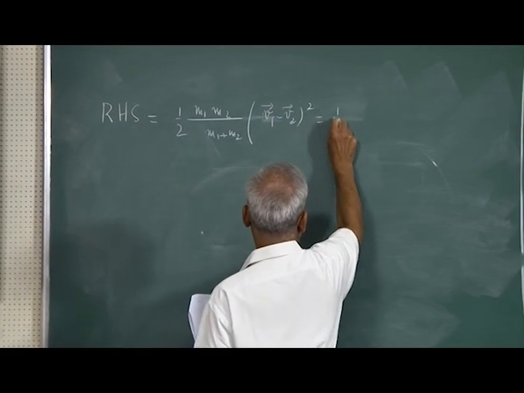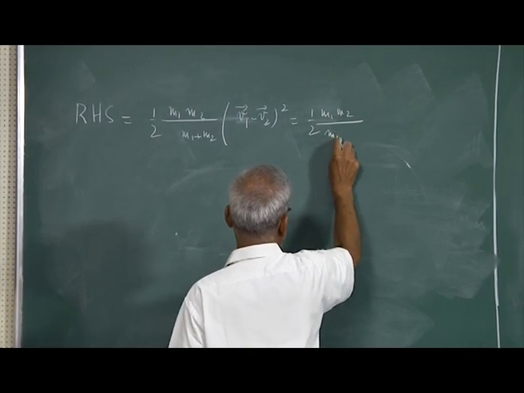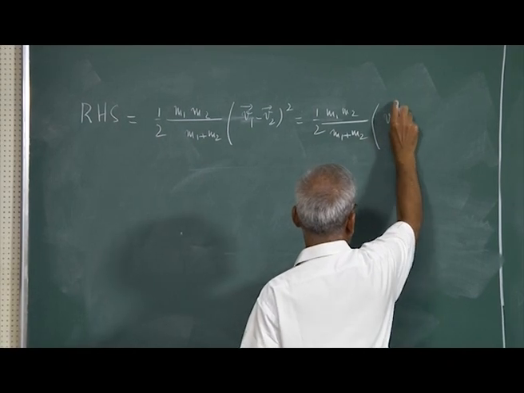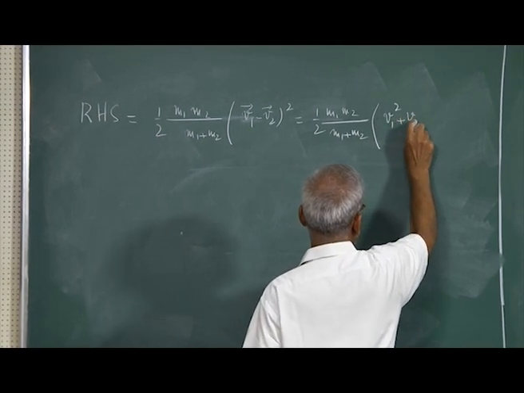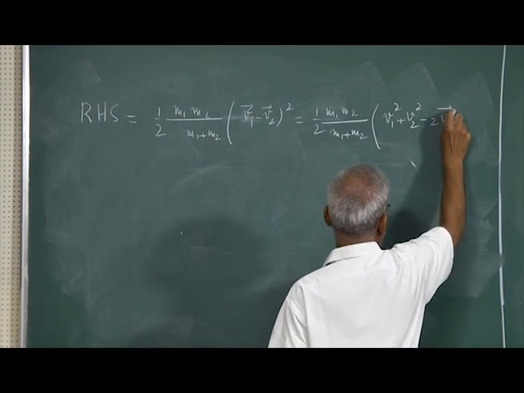So, this would be half of m1 m2 divided by m1 plus m2, multiplied by v1 squared plus v2 squared minus 2 v1 dot v2.